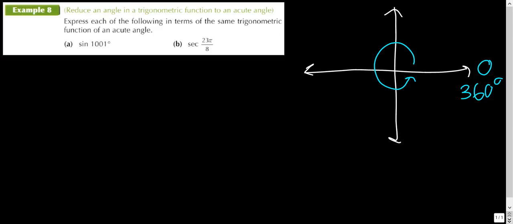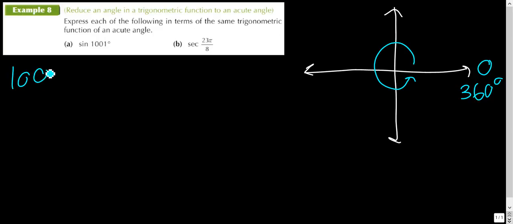So before we think about the sine of 1001, we need to understand where 1001 fits within this 0 to 360 range. So if we take 360 degrees away continually until we get a number between 0 and 360, we're going to be able to fit it exactly where it would be.